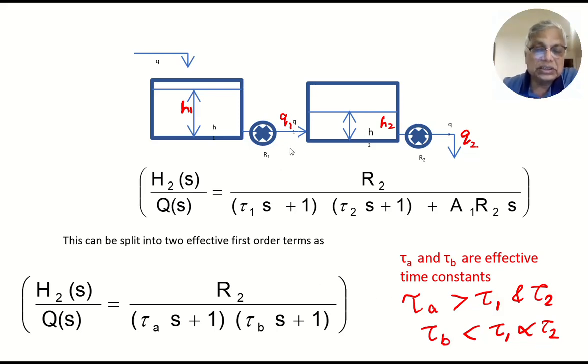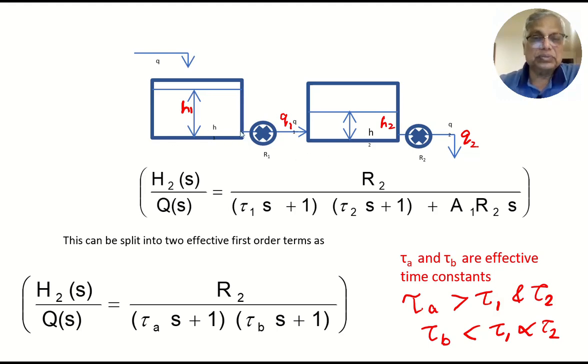So what does this interaction do? It has changed the effective time constants, and since tau A is greater than tau 1 and tau 2, the response of these two interacting tanks is going to be slower compared to non-interacting tanks.